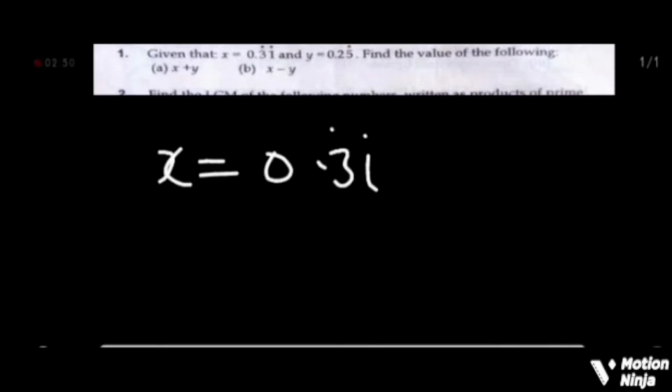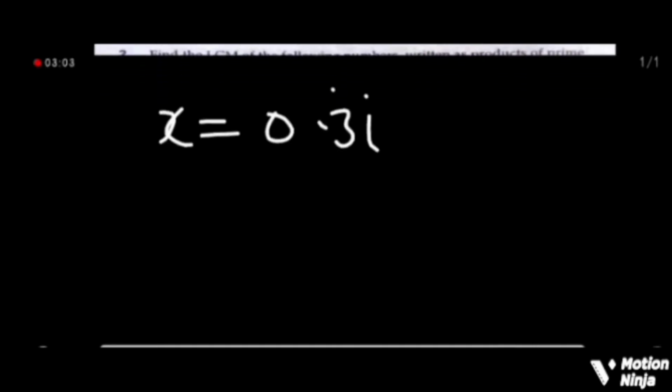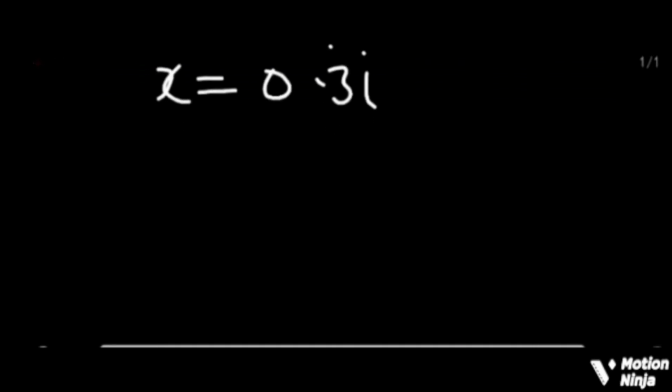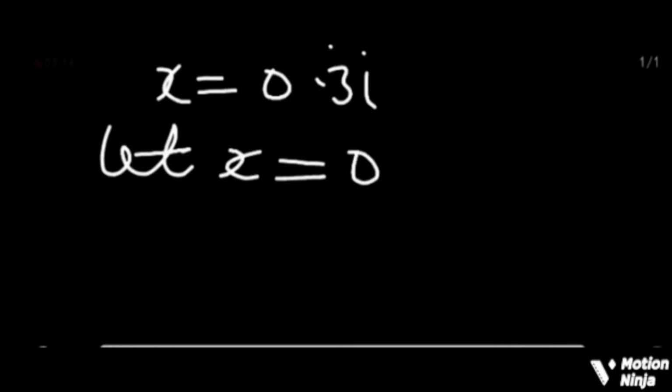So we have seen that two digits are repeating, that are 3 and the 1. So first we have to let x, write it correctly, let x equals 0.31 repeating.